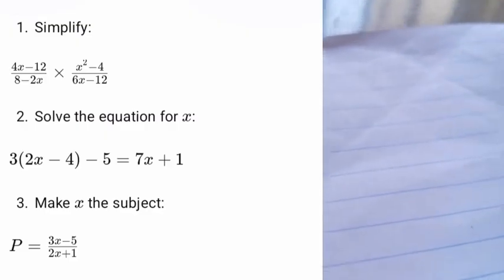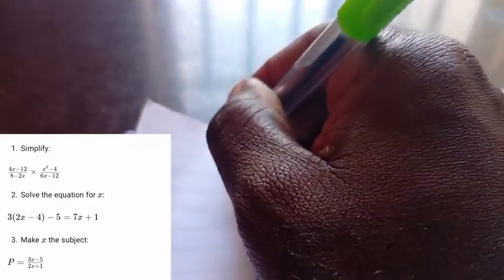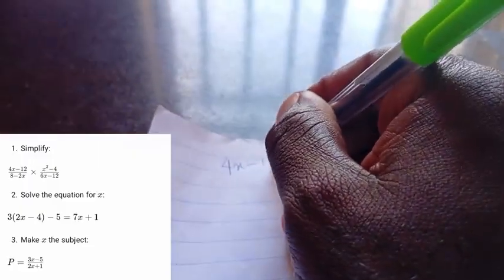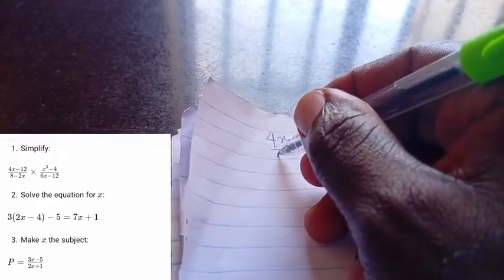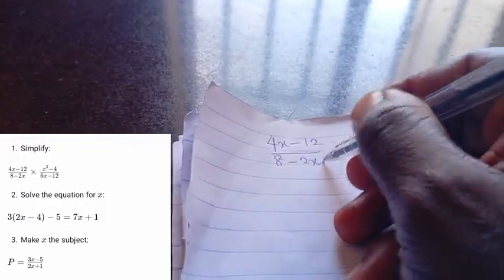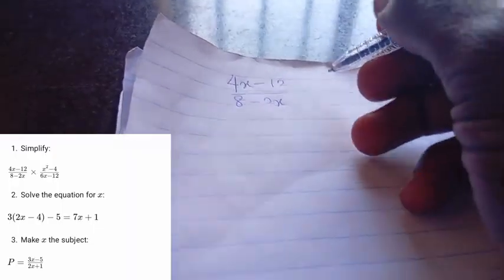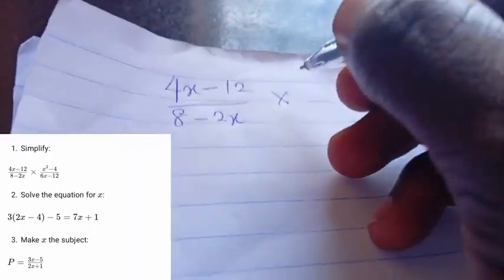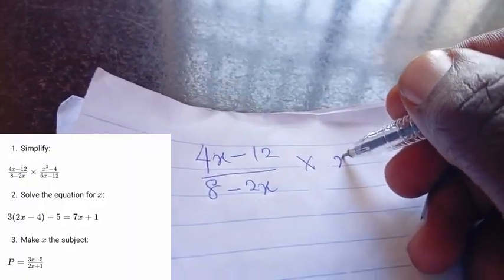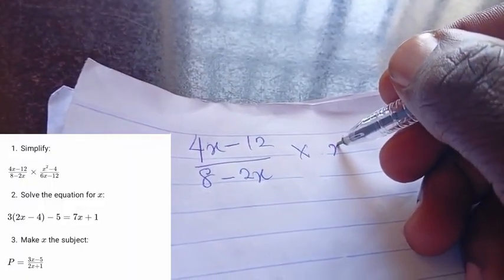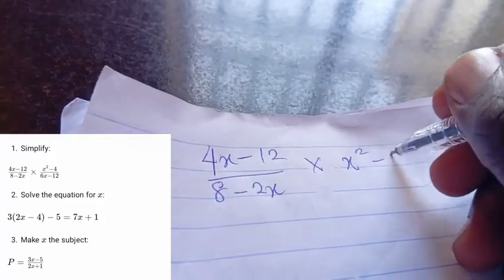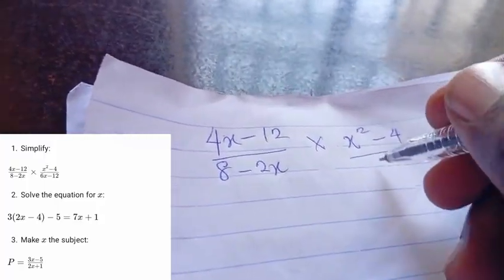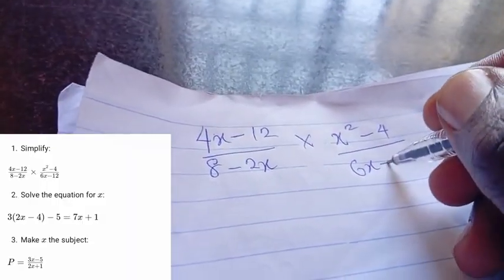All right, question number one says, if we have (4x minus 12) over (8 minus 2x), times (x squared minus 4) over (6x minus 12).